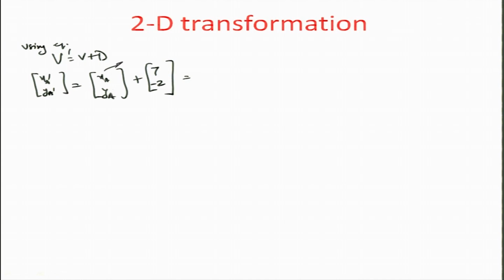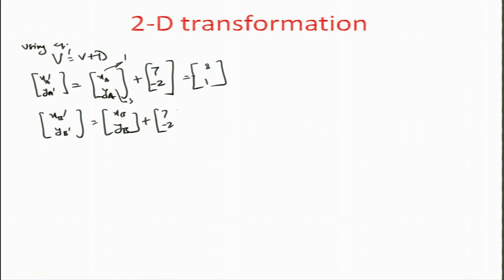So, obviously, this being given as 1 and 3, would translate to the v dash vector x a dash being equal to 8 and 1. Similarly, for the point B, the new position x b dash y b dash is represented as x b y b plus 7 minus 2.